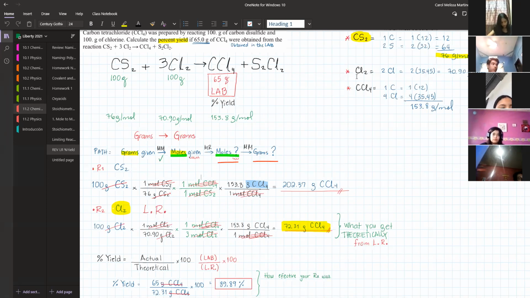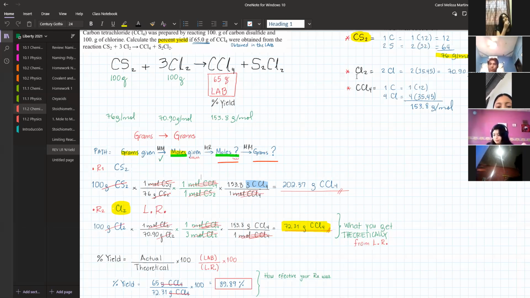And that's it. You can see the percentage yield is something very, very easy to apply, but you have to apply everything you know of stoichiometry, grams to grams conversion, grams to moles conversion, what you need, okay? And you also need to apply what you know about the limiting reactant.